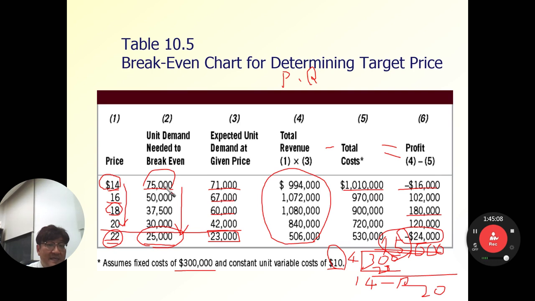Which one has the biggest sales? Yes, 75, 71. Here at $14 we have the maximum quantity. So if you want to increase the quantity no matter what, then $14 is going to be your optimal price.